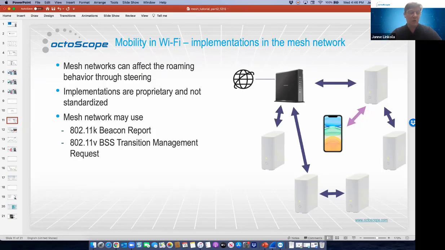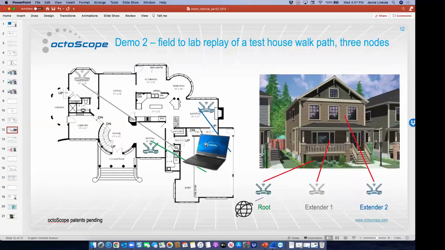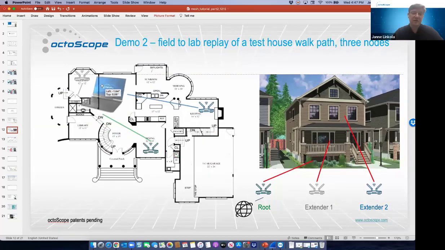There's quite a lot of room for improvement we've seen. And so we've thought long and hard about what we could do as a test vendor to aid people in testing these steering algorithms. So in our last tutorial, we showed you a brand new product that we had developed.